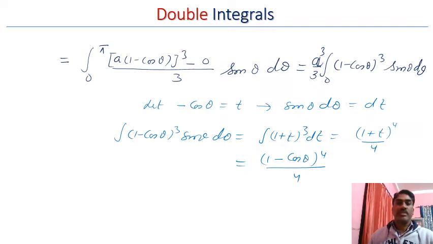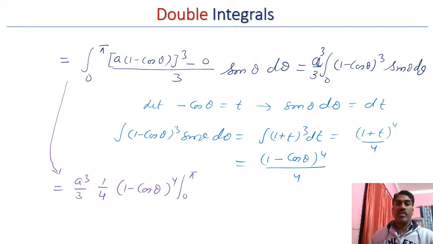Now put this integral in the earlier one, so we get a cube by 3 and the whole integral 1 by 4 into 1 minus cos theta to the power 4, and limits are 0 to pi.